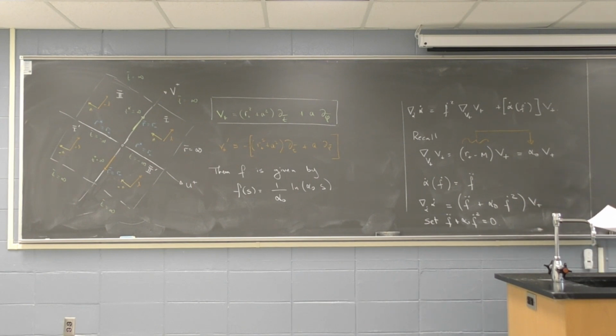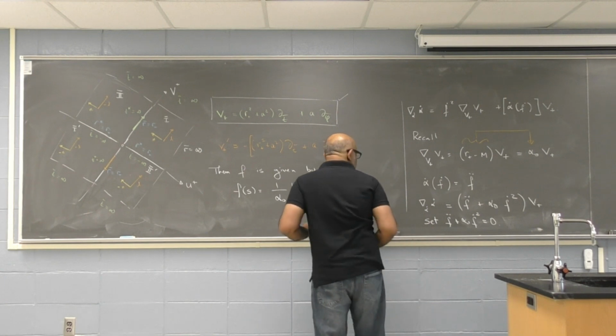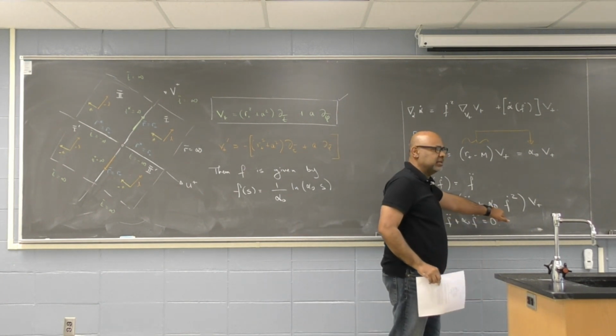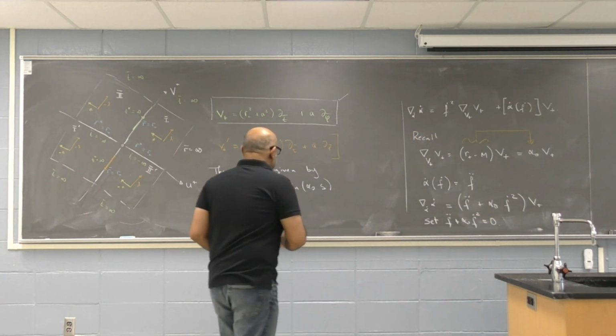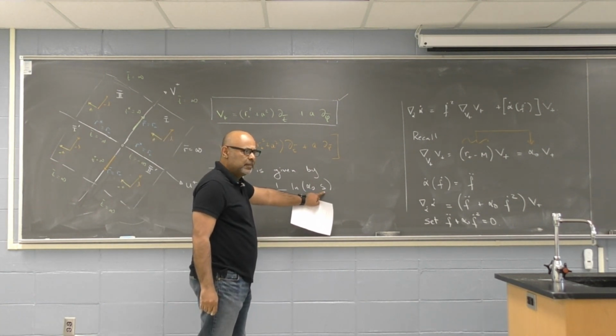So we have constructed an integral curve of something proportional to v plus, and moreover, that something is a geodesic. So now let's see what happens as s goes to 0.